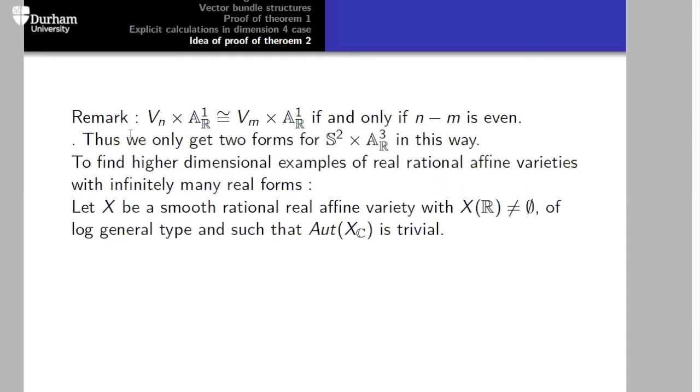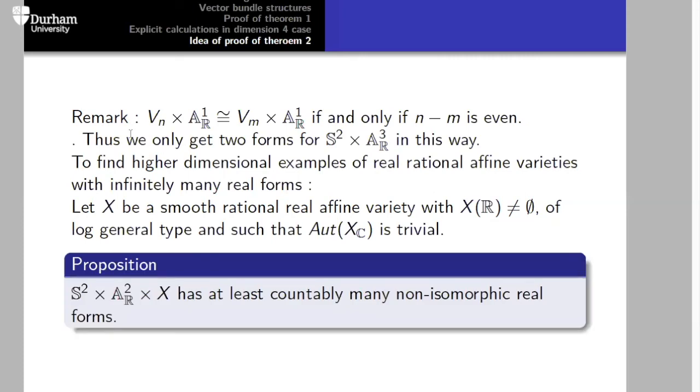I take X, a smooth rational real affine variety such that it has real points, that is of log general type, and such that the automorphism group is trivial. For example, one can take the complement of a hypersurface of high enough degree in projective space.